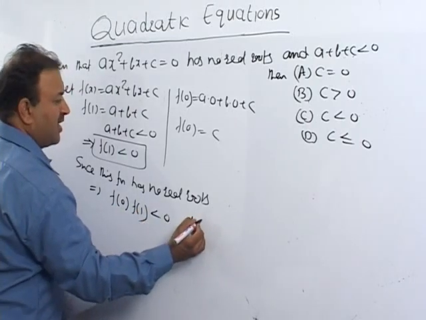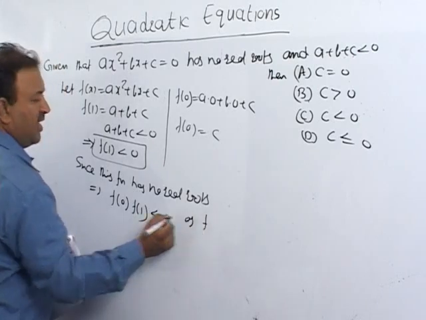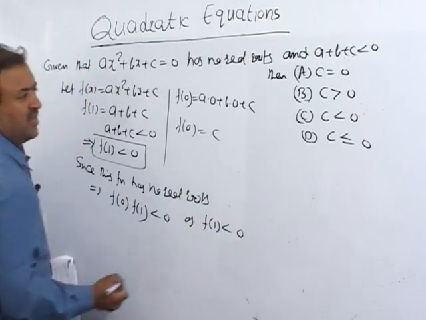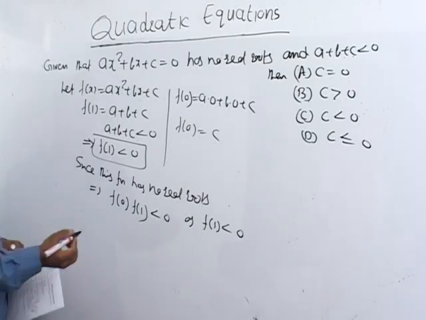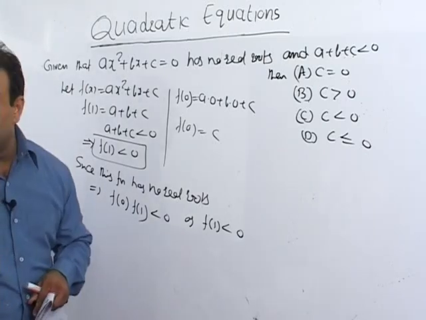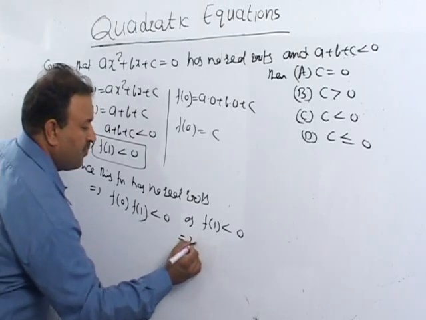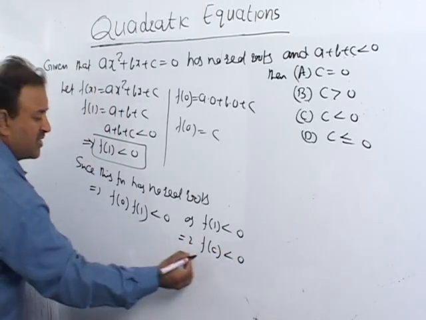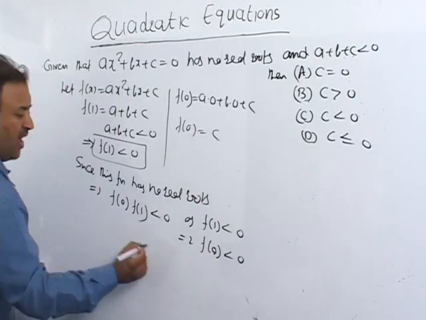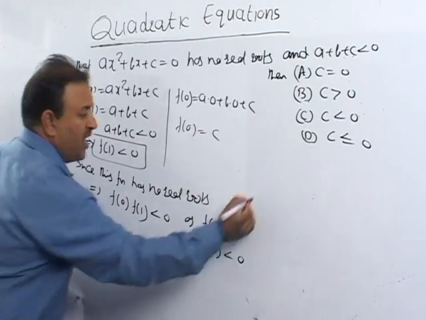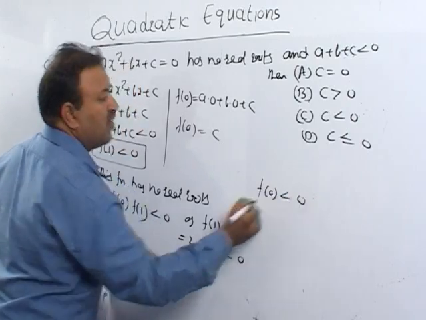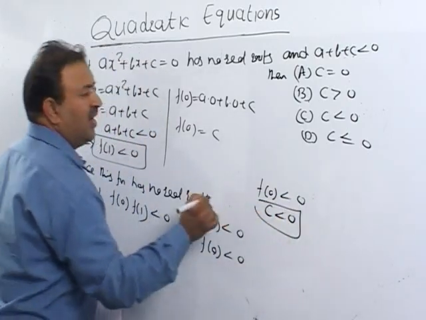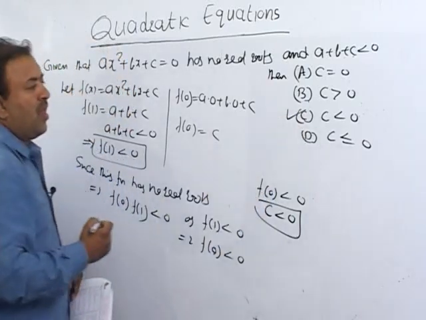As f1 is negative, so f0 should be negative. As f1 is negative, so f0 should be less than 0. That means f0 is negative. So f0 less than 0 will say c is less than 0. And the right option is C part.